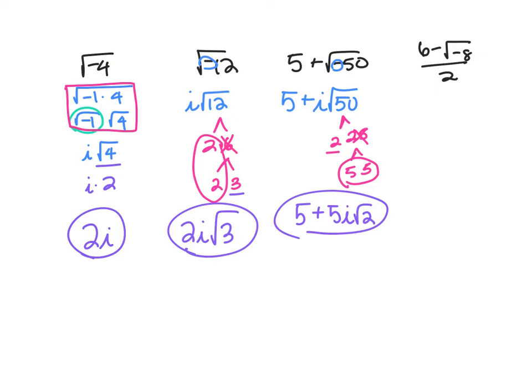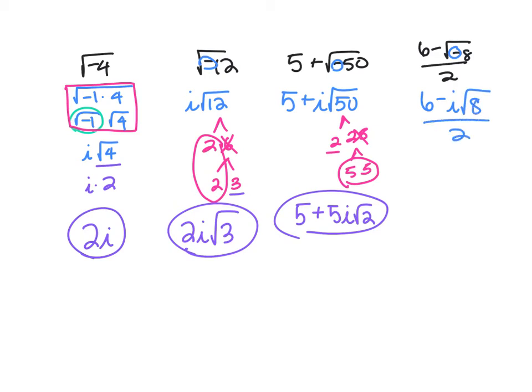Last one, you notice these are kind of building up one extra piece at a time. This last one here looks more like a quadratic formula. So that's why we have this one in here. Okay, so first step here, just like all the others, we see that negative under the square root, so that means we can pull out an i, and then it turns into a positive 8 under the square root.